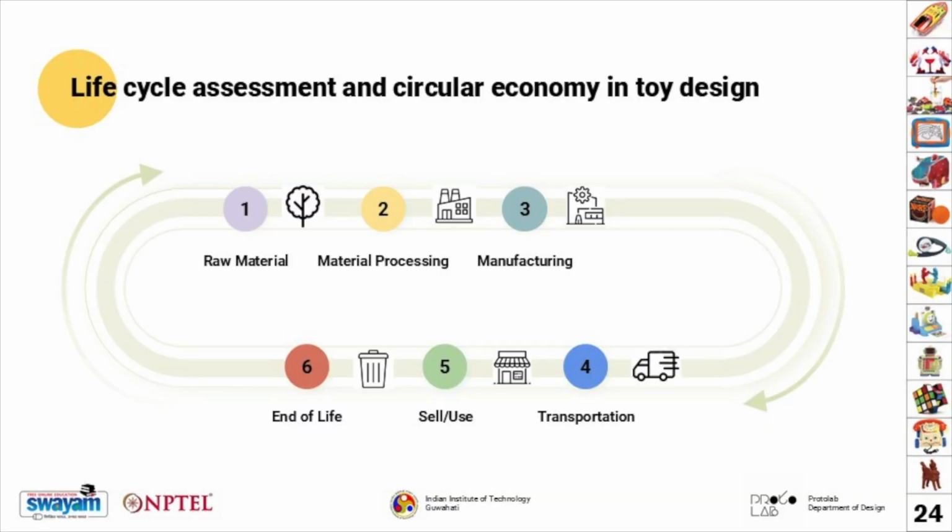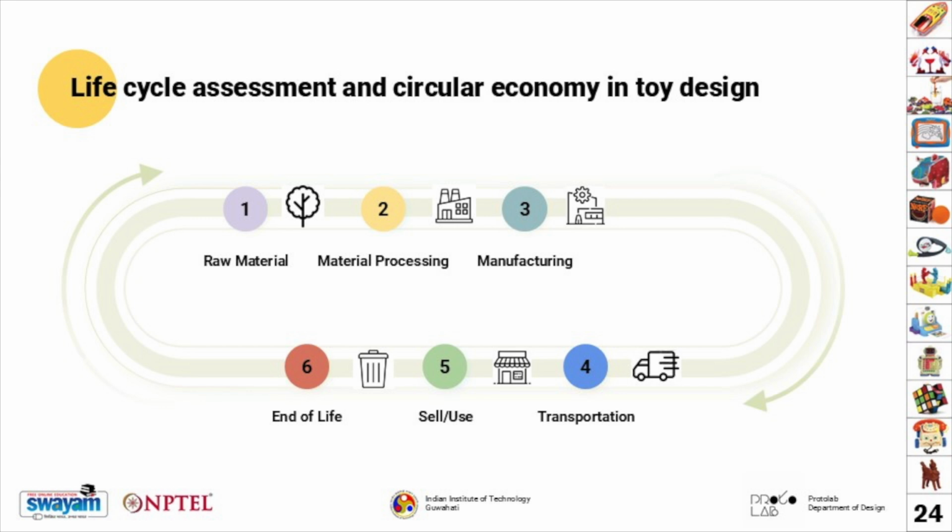The arrows forming a loop indicate that the end of one stage influences the beginning of the next, promoting sustainability and material recovery. The life cycle assessment process has 6 stages. Now let us understand each stage.